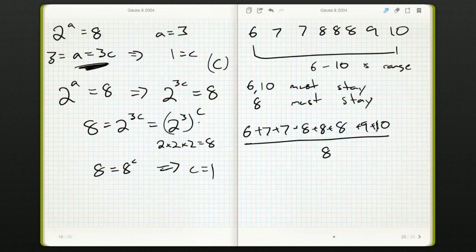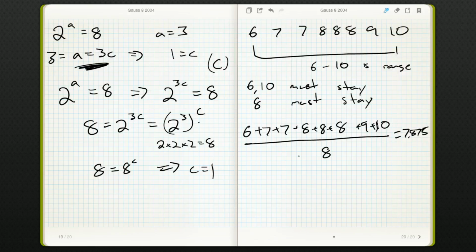That's what I'm doing. 6 plus 7 plus 7 plus 8 plus 8 plus 8 plus 9 plus 10 is 63. I divide that by 8. I get about 7.875. To make an average like this go up, we can remove any numbers that are lower than it. So 6s and 7s would raise our average. Removing anything higher, 8s, 9s, and 10s, would actually make this go down.